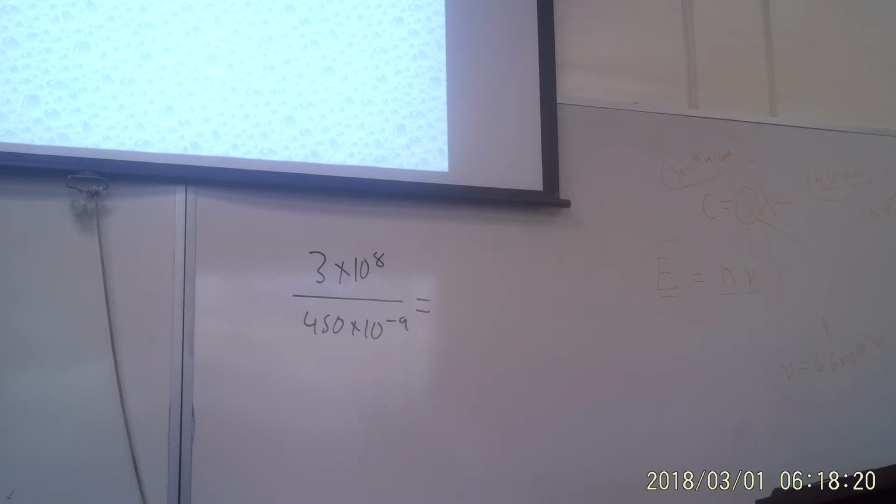Well, the value that's provided this year is 450 nanometers. And we need to know what that is, not in nanometers, but in meters, because the speed of light is in meters.